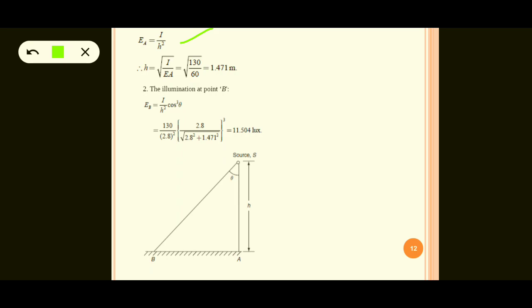I means intensity, 130 candle power. E means illumination exactly below the lamp, 60. H equals 1.471 meter.